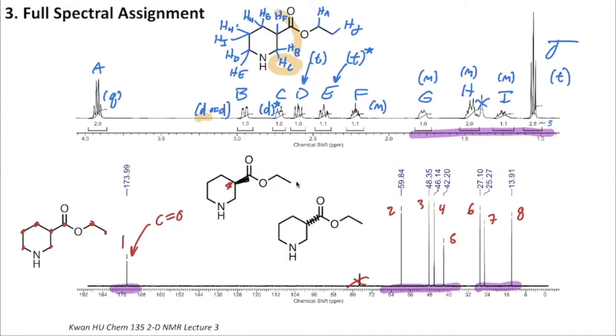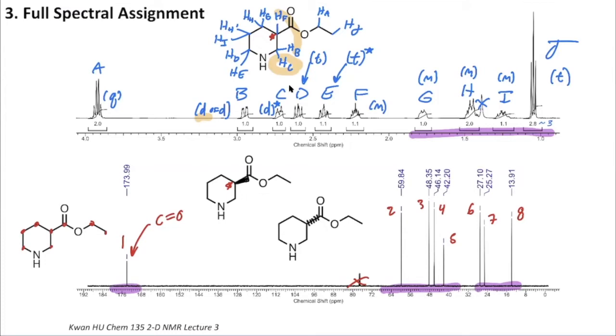What matters more to us than whether we have R or S or a racemic mixture of the two is how that stereocenter on our molecule will have an effect on the other protons that are nearby. It turns out that the stereocenter at that position will have an effect not only on hydrogen C, which is the one we were just taking a look at, but it will also have an effect on the majority of the hydrogens that we see in this molecule.